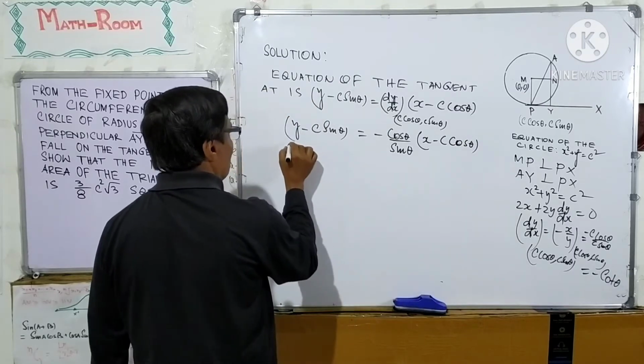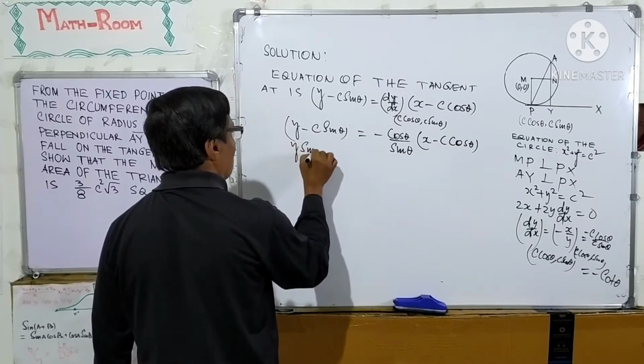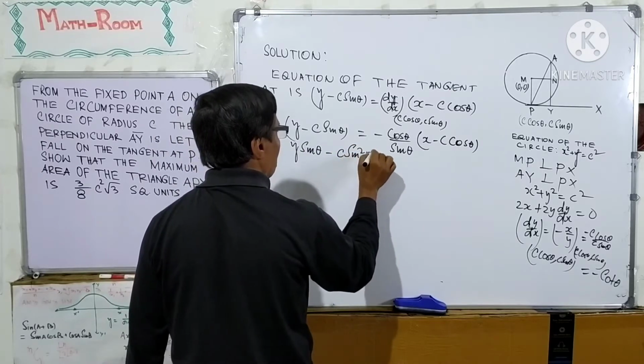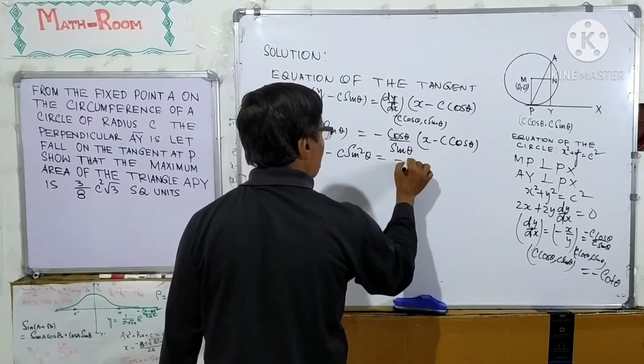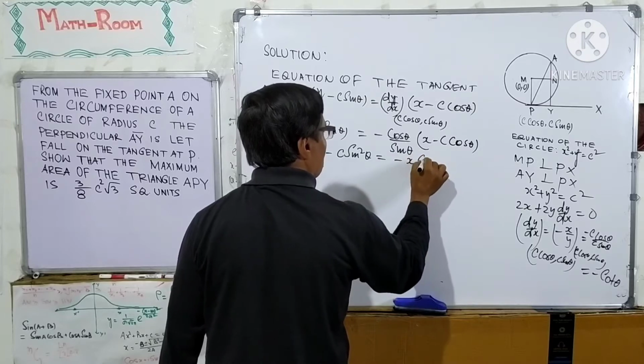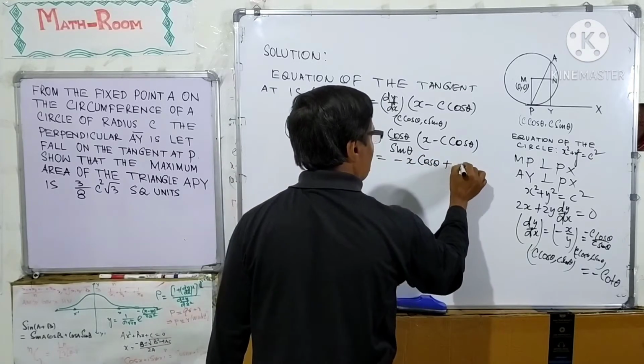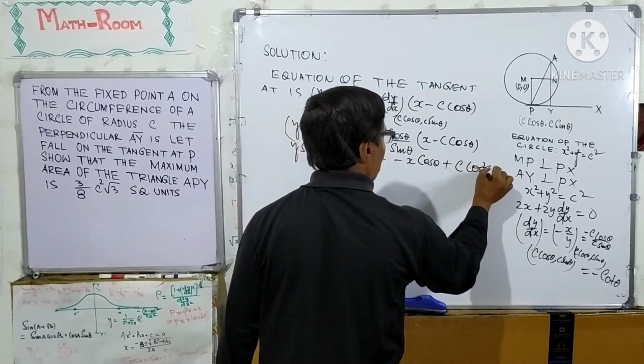So, y sin theta minus c sin square theta equal to minus x cos theta plus c cos square theta.